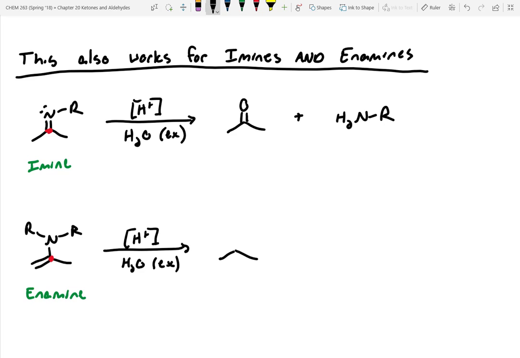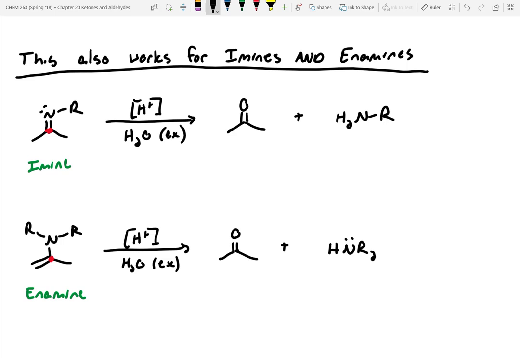So this must have also had a ketone. However, this time your nitrogen must have been a secondary nitrogen, which is why it formed an enamine in the reverse direction, right? So make sure you feel comfortable going forward and backwards with these.